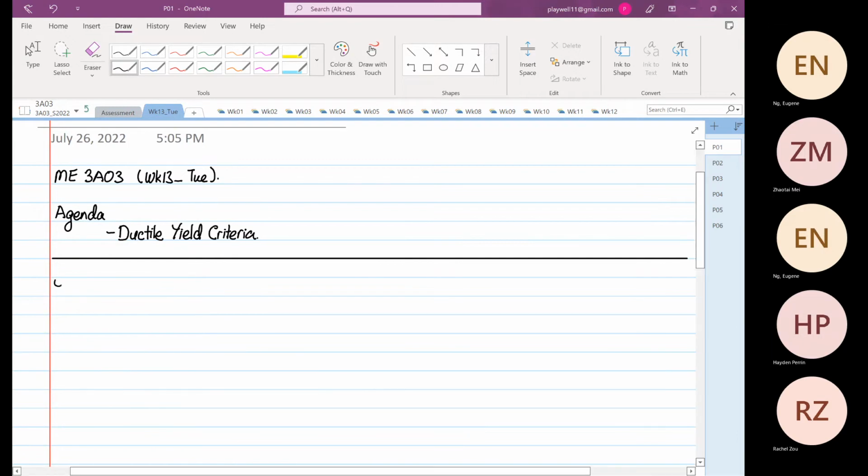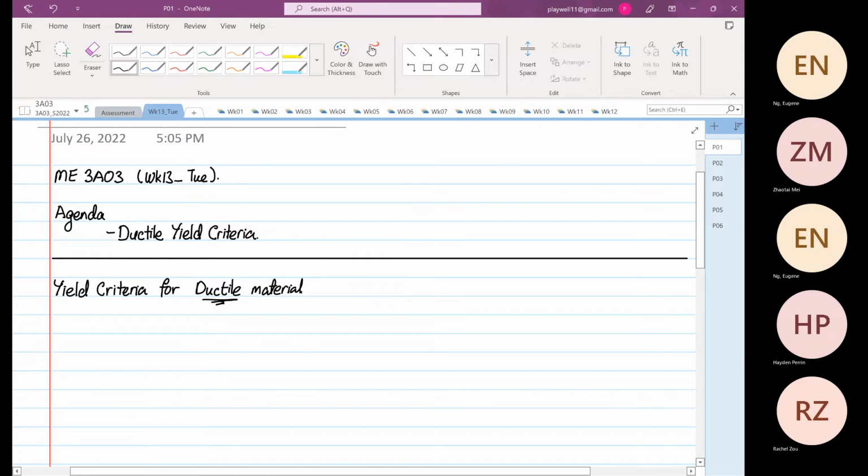So yield criteria for ductile material. The emphasis over here is ductile material.